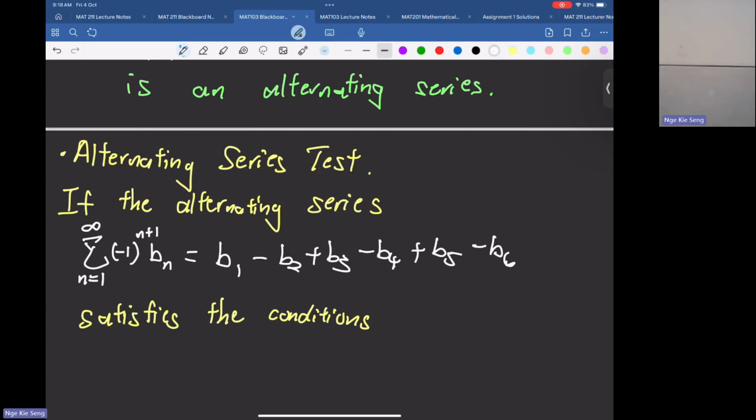But if you really look at the sum itself, what happens for every partial sum? 1. 1 plus 3. 1 plus 3 plus 5. 1 plus 3 plus 5 plus 7. Each time you add a larger and larger number. So obviously the series will grow, right?